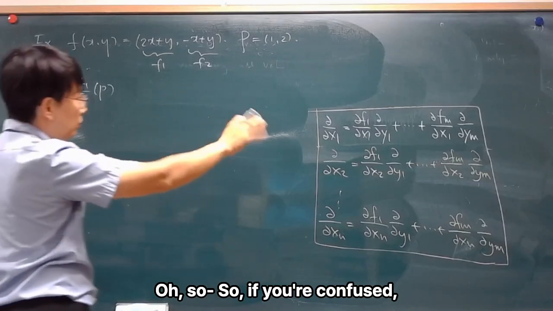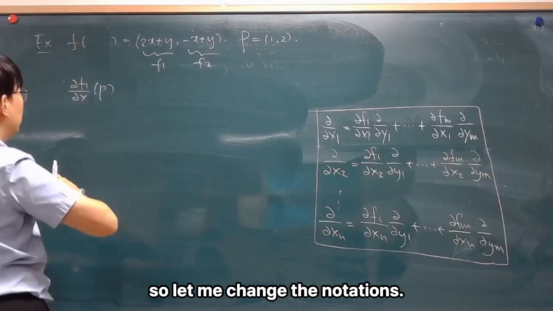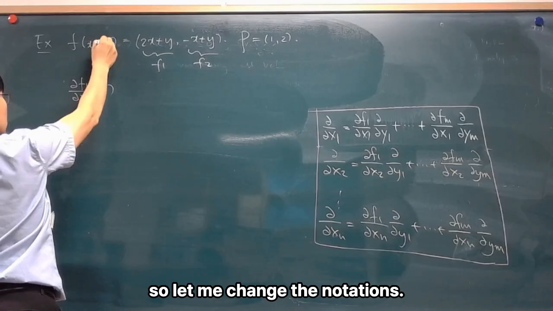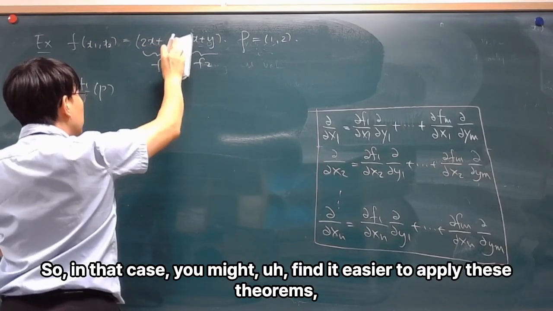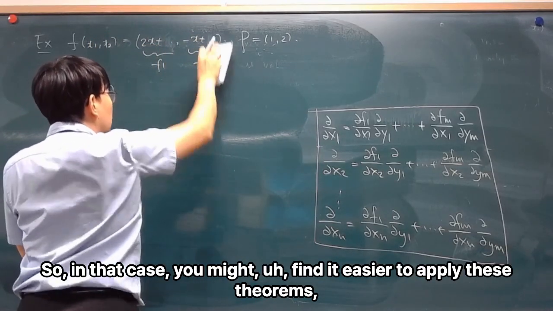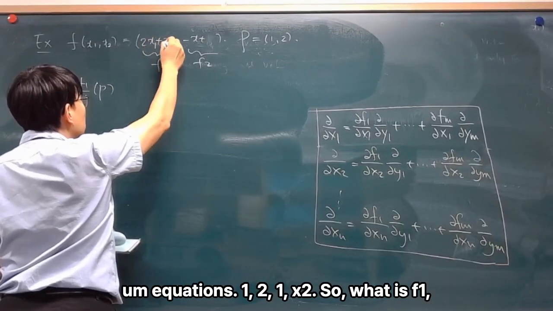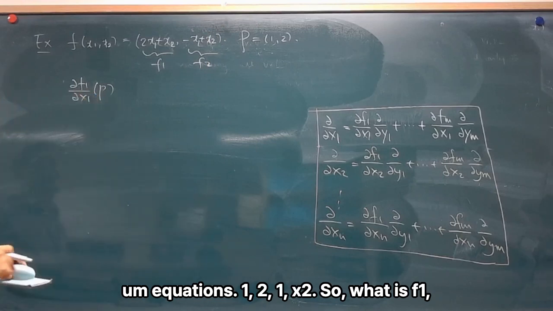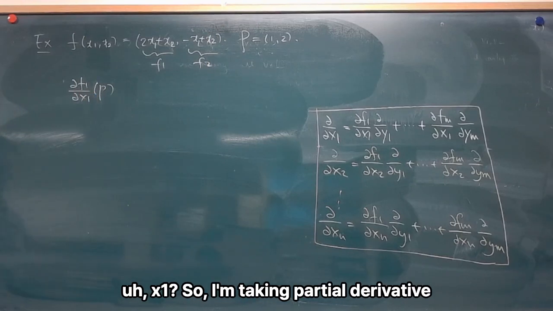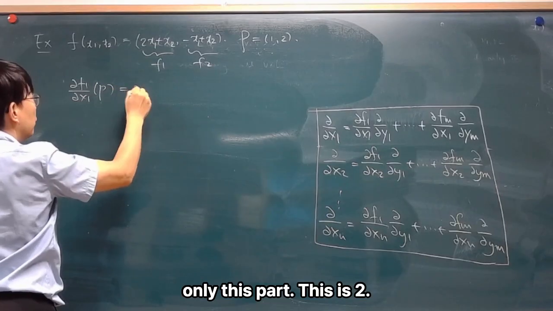Oh, if you're confused, I don't want you to be confused. So let me change the notations. Instead of x and y, let's use x1 and x2. In that case, you might find it easier to apply these theorems, equations. So what is f1, x1? I'm taking the partial derivative only of this part. This is 2.